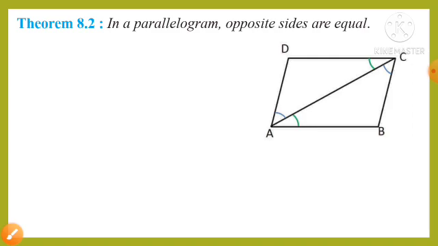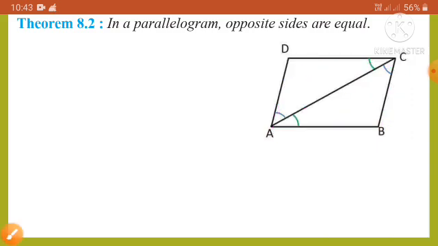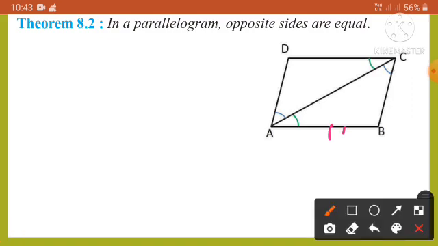The next theorem is, in a parallelogram opposite sides are equal. The figure is already given here: a parallelogram ABCD with the diagonal AC. So again we have to prove that triangle ABC is congruent to triangle ADC. Easily you can prove it, as it is a parallelogram, so AB parallel to DC and AD parallel to BC.